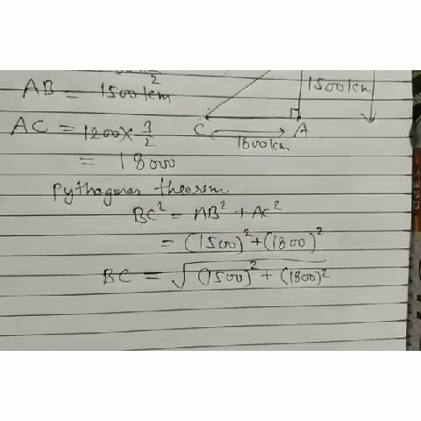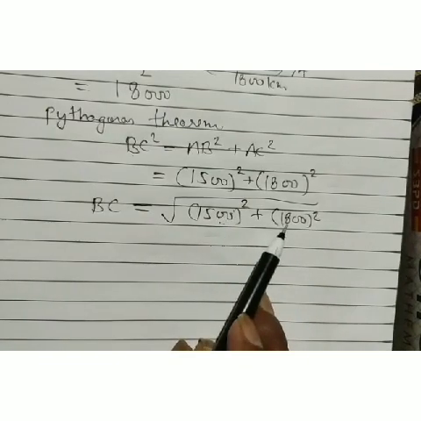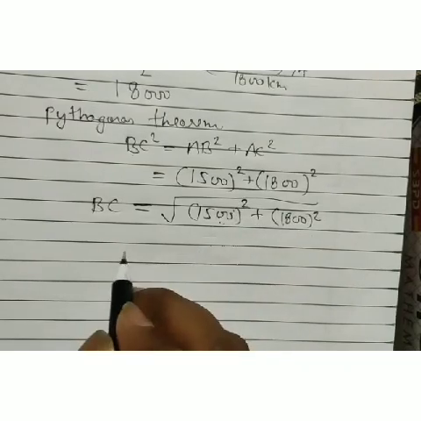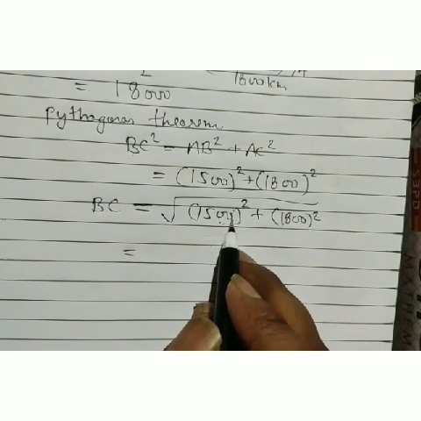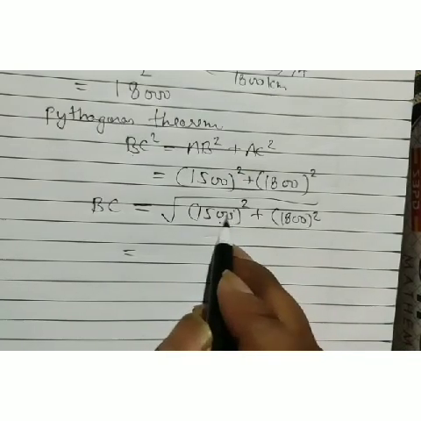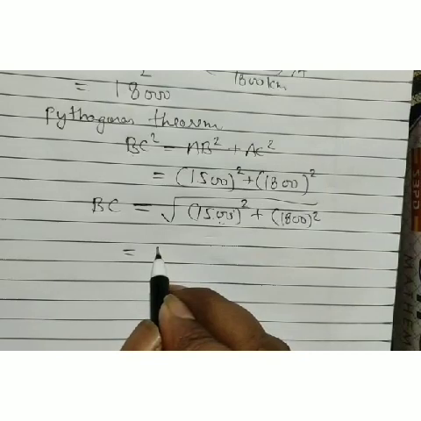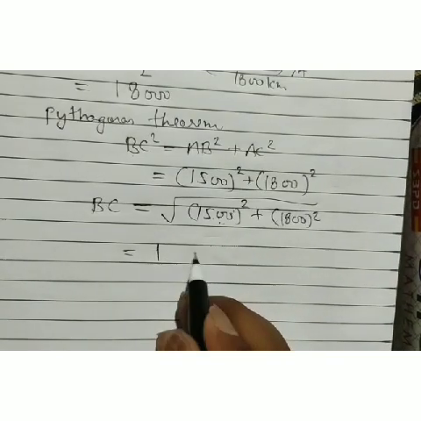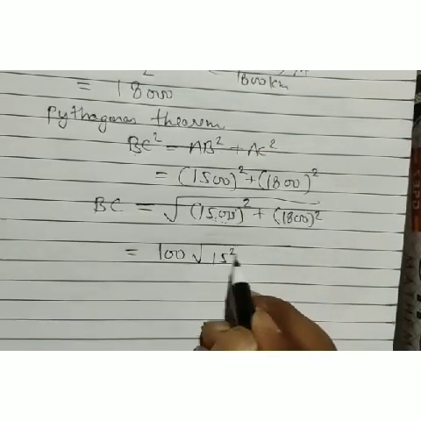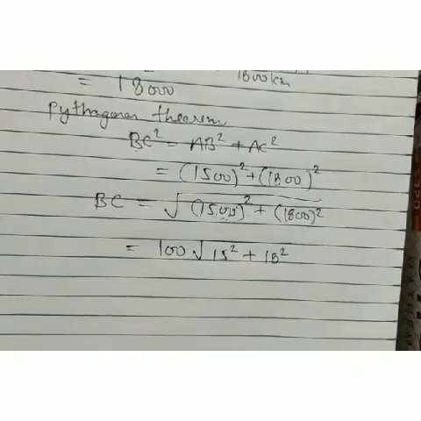Now what do we do? We take 100 common. Then we have 100 square, so we get 100 times the square root of 15 square plus 18 square.